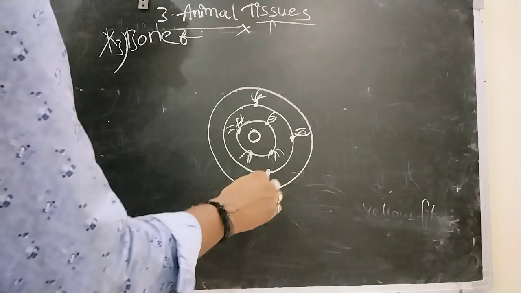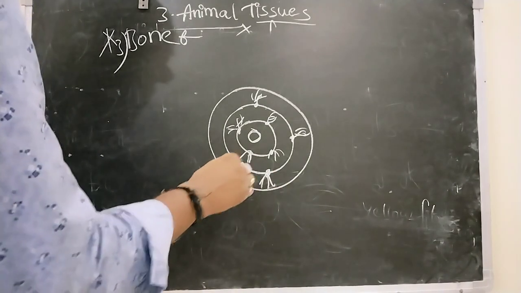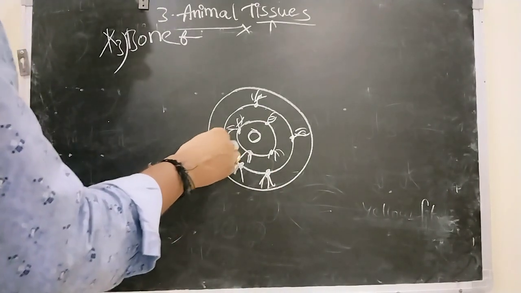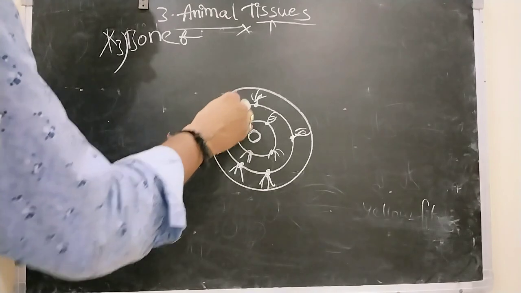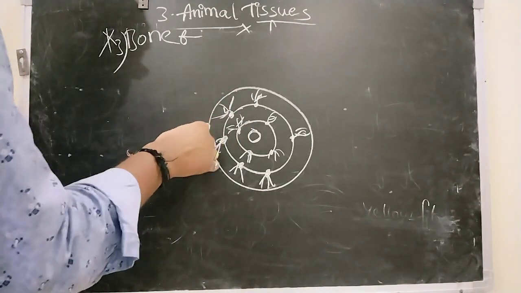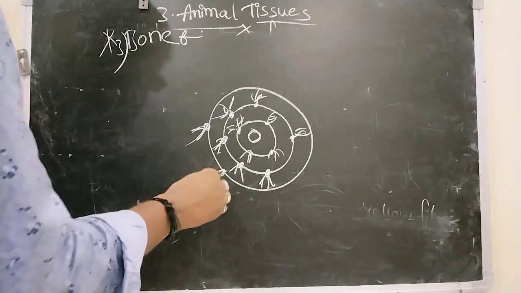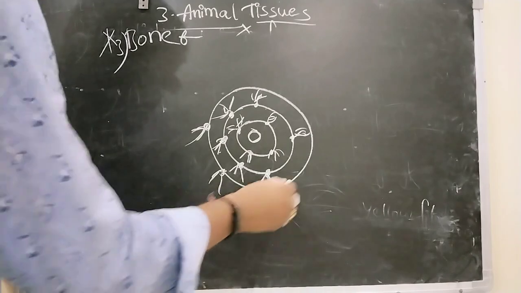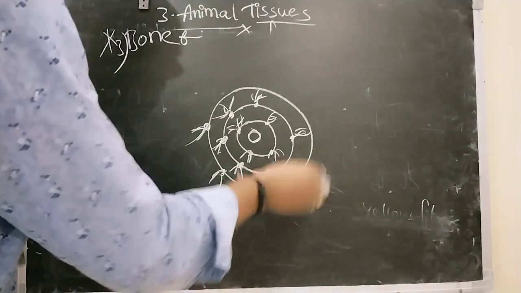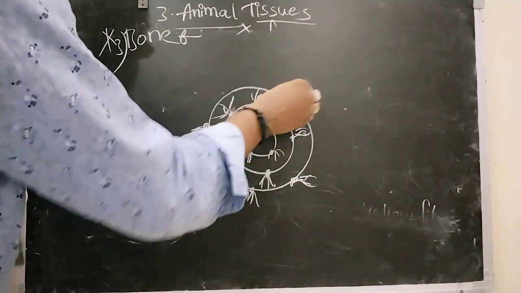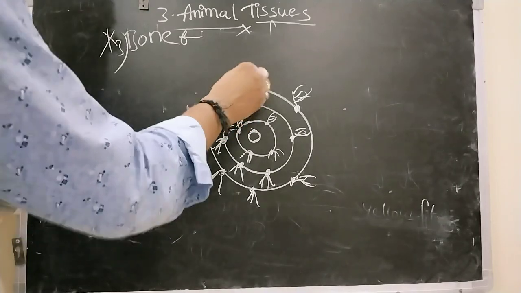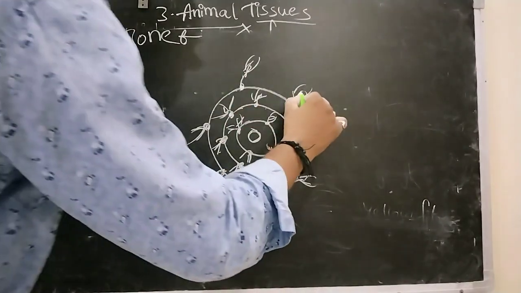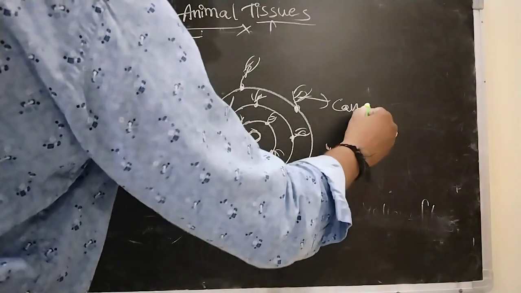We observe these structures when we take a small amount of bone marrow from bones and observe it under a microscope. The branch-like structures are called canaliculi.